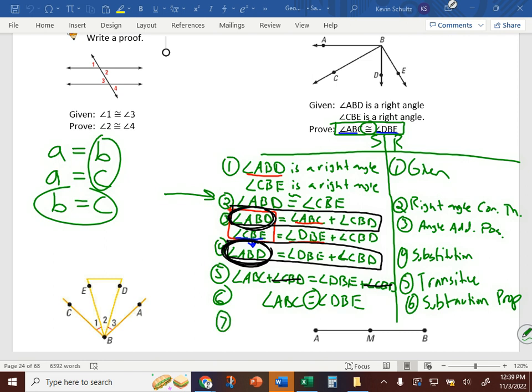Our final step, we can say that ABC is congruent to DBE because of the definition of congruency. The definition of congruency is that things are equal. We have written equal. We can switch it to congruent because of the definition of congruency.